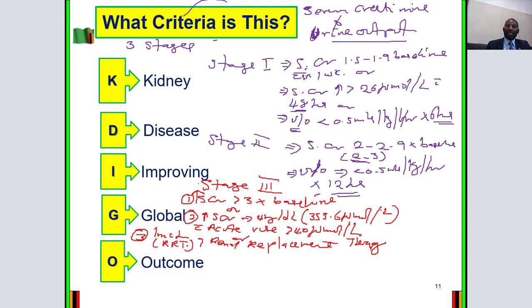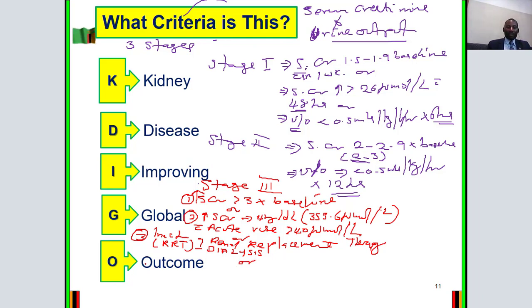So when you find RRT, you're talking about a renal replacement therapy. What is this renal replacement therapy? That is actually dialysis. That is stage 3.